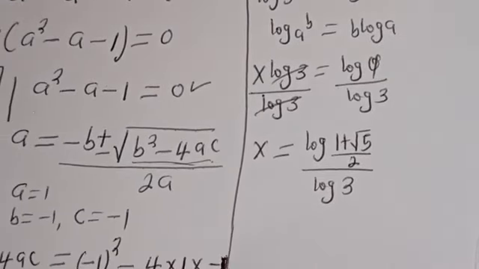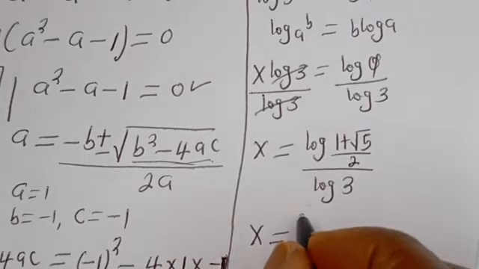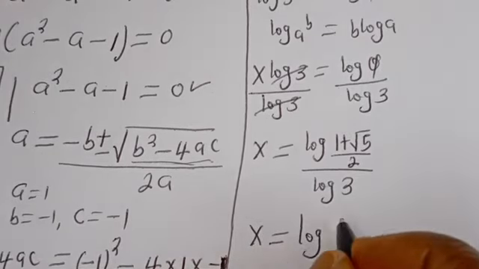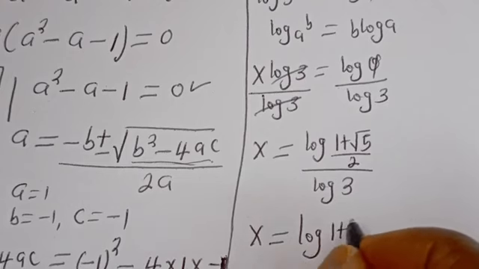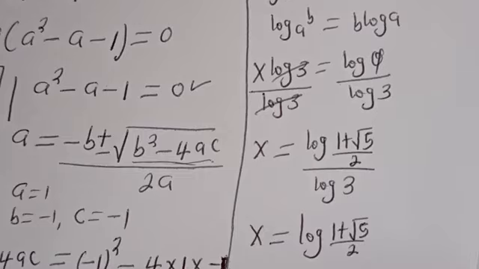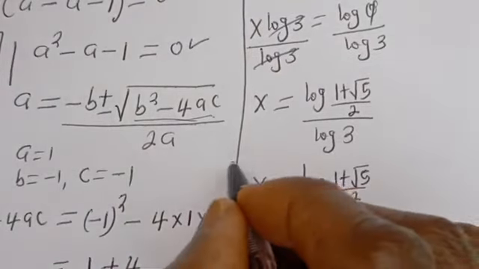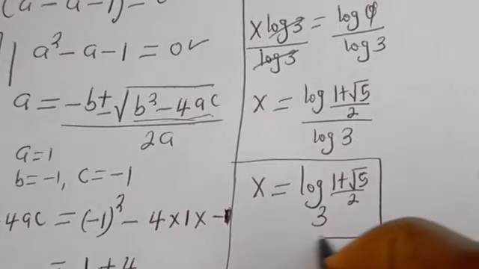Therefore, x is equal to log of 1 plus square root of 5 divided by 2, which is the golden ratio, base 3. And this is the final answer.